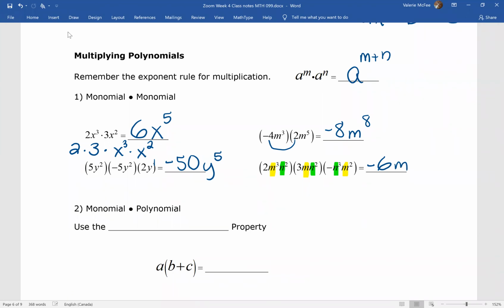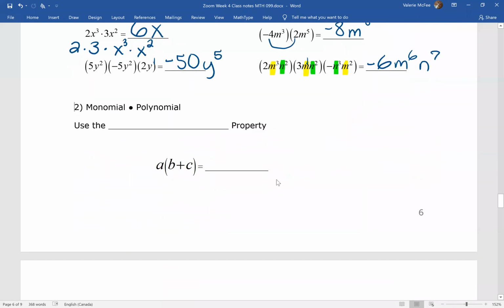Add the exponents. 3 plus 1 plus 2. And then n, add the exponents. 2 plus 2 plus 3. Nothing different there from what we did in our last lecture.